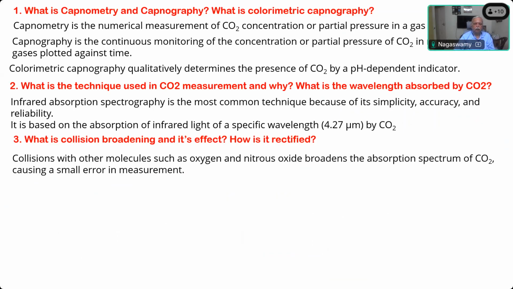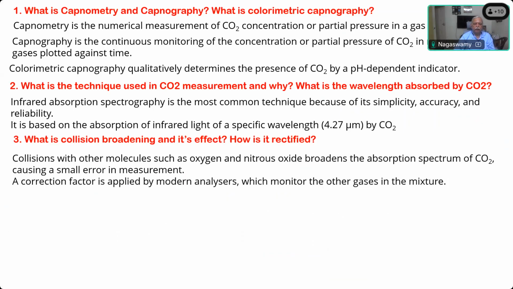This is what is called collision broadening. A correction factor is applied in modern analyzers which monitor the other gases in the mixture. So if you go and see your capnography monitor tomorrow, there will be an option N2O compensation. If you press that, then you will get the accurate value. Otherwise, there will be a slight error in the CO2 value that you get.